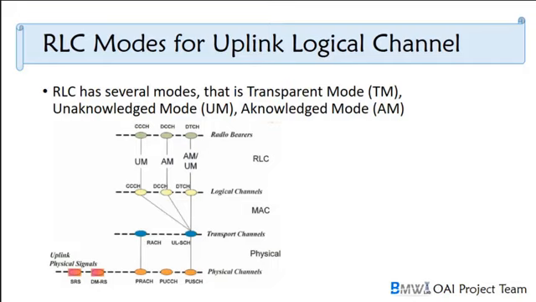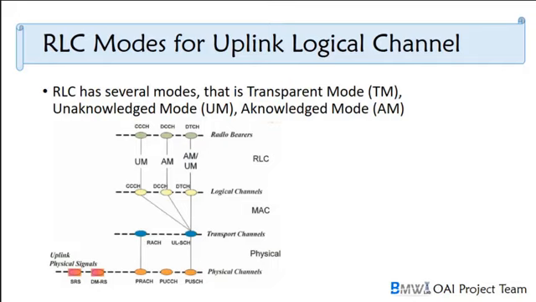As I mentioned before, in the uplink shared channel there are two parts, traffic and control. They go to the RLC layer, so DTCH goes to DTCH and so forth.